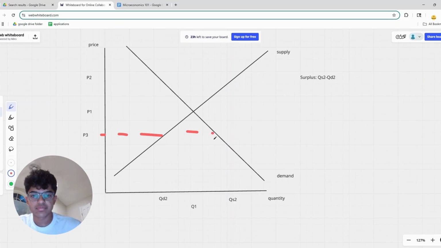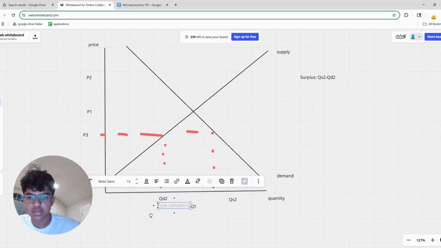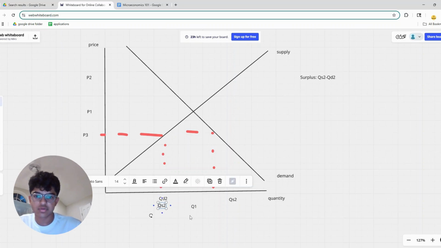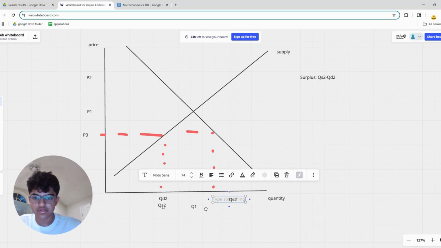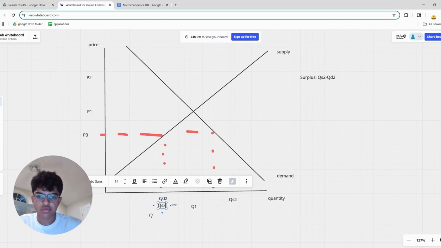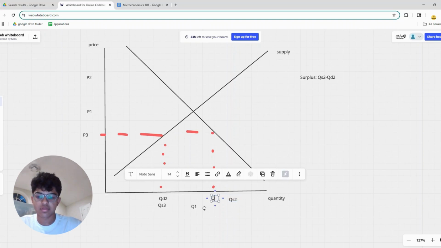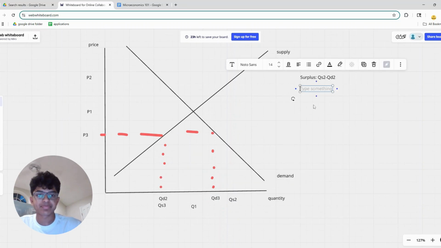In that case, the quantity supplied is going to be very low when you compare it to the quantity demanded. I'm sorry, QS3. Quantity demanded is going to be about that. So in this case, there's a shortage.